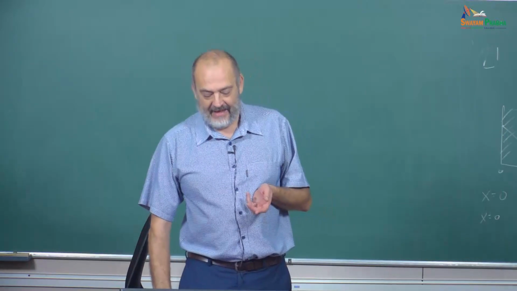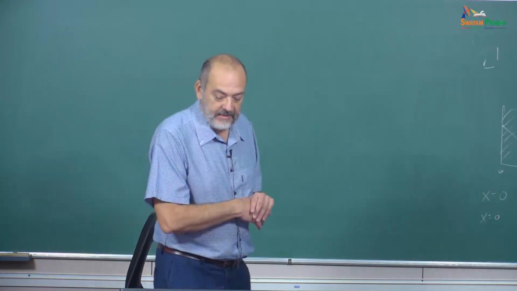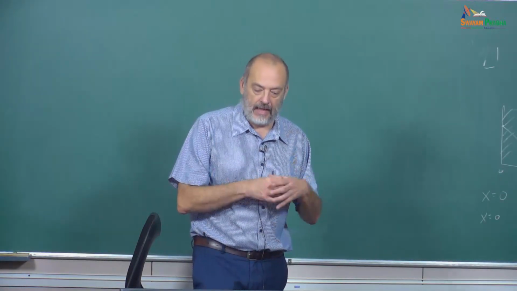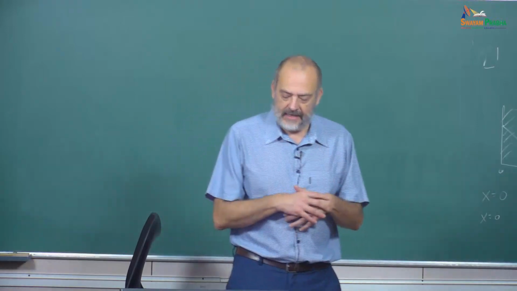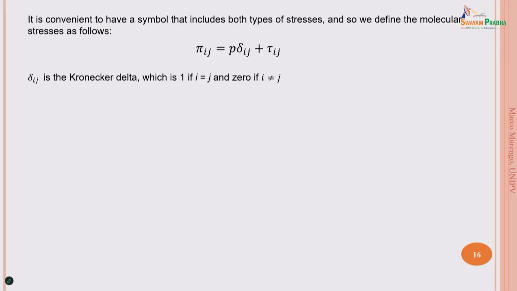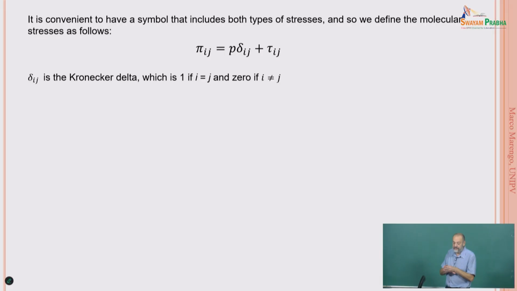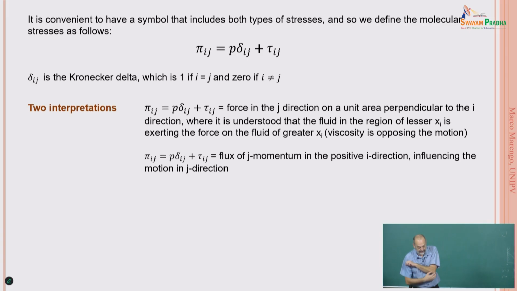In fact, we can write this in terms of a kind of tensor, saying that pi ij is equal to p delta ij, where delta ij is nothing else than the Kronecker delta, which is 1 when i is equal to j, and 0 when i is different from j, plus tau ij. So this is becoming our tensor.